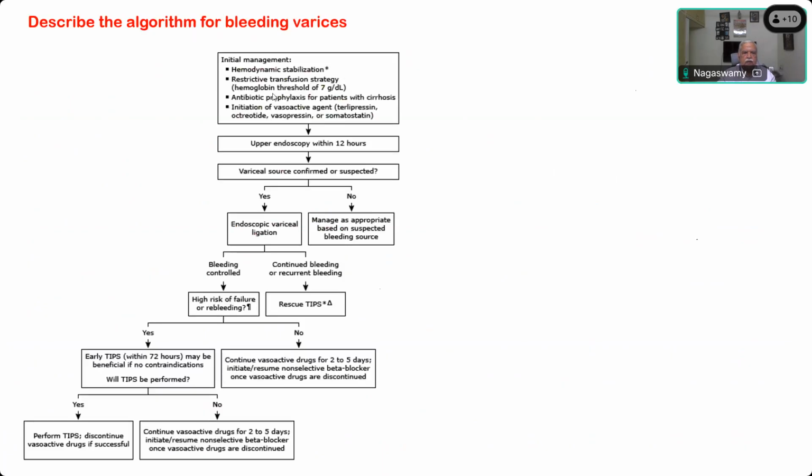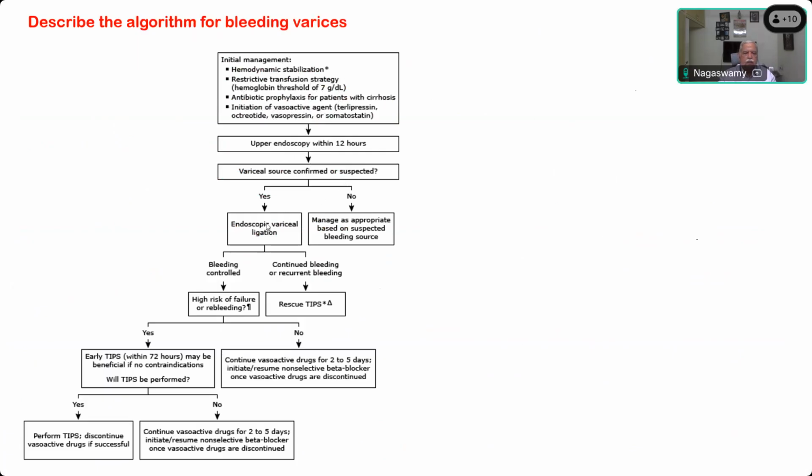And there is an algorithm which has been described for bleeding varices. So first, hemodynamic stabilization, restrictive transfusion strategy if the hemoglobin is less than 7, antibiotic prophylaxis, initiation of vasoactive drugs, then upper endoscopy within 12 hours, and variceal source confirmation.